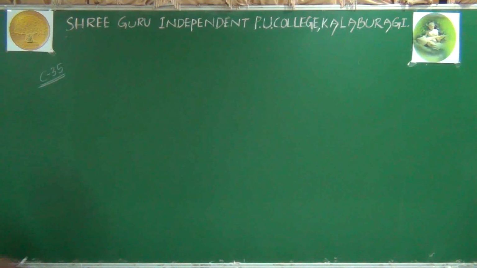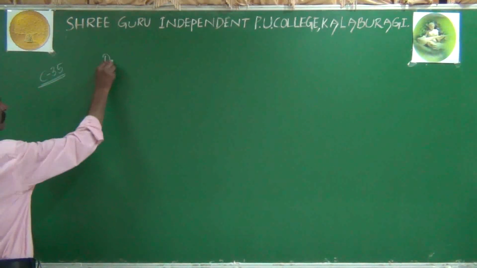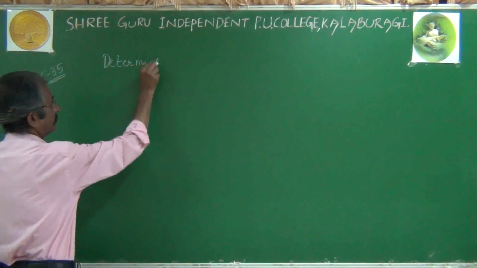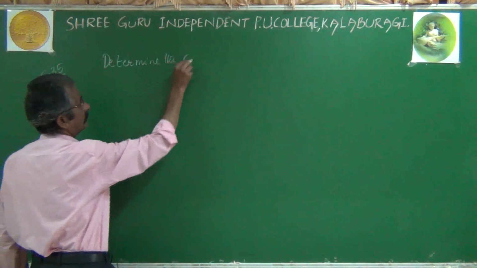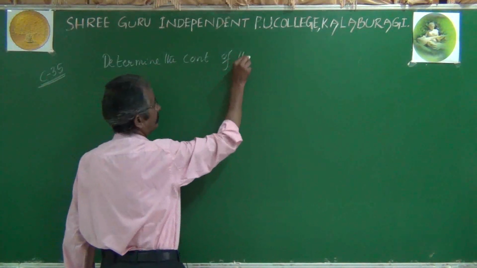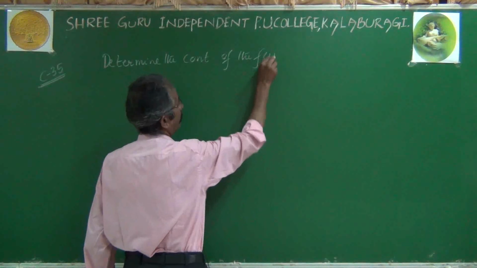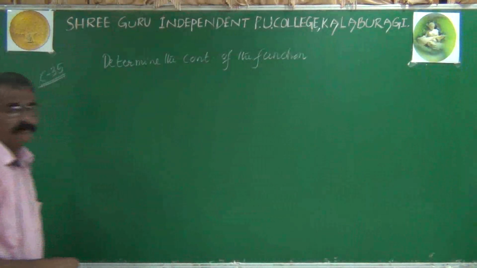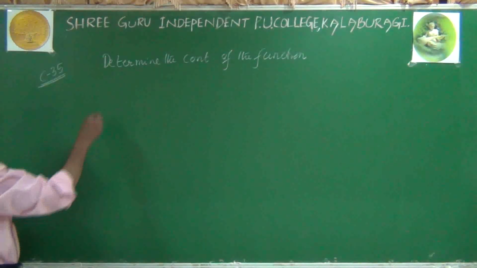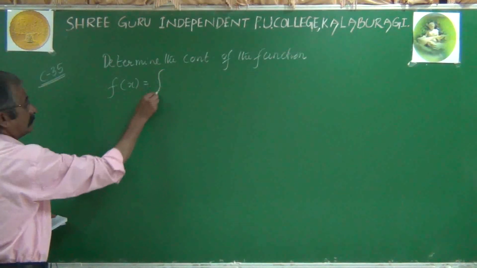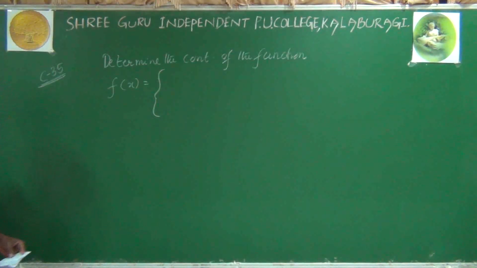Determine the continuity of the function. f of x equals, like in the last two problems, here also we have three values of function.